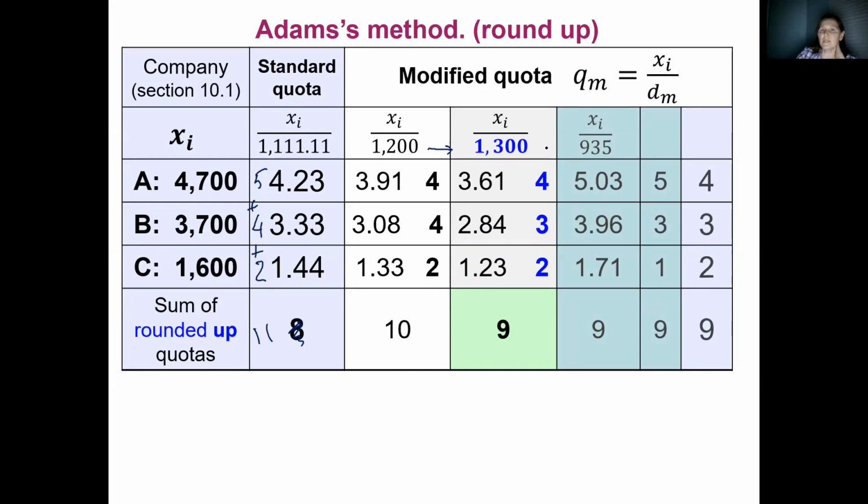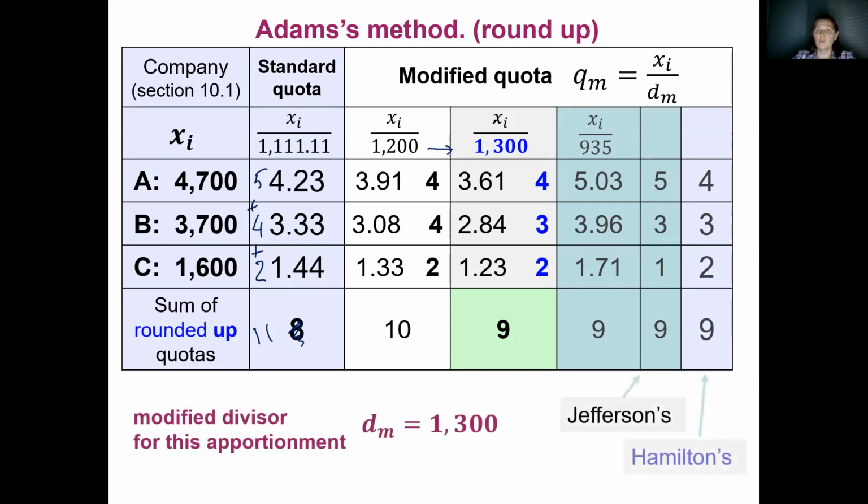So we can take this modified quota for Adams' method. We can compare it with Jefferson's method and Hamilton's method. You see, it's the same as in Hamilton. It differs from Jefferson's method. And the modified divisor for Adams' method is 1300.